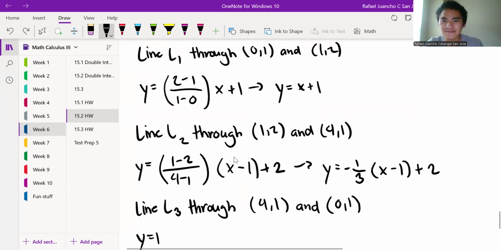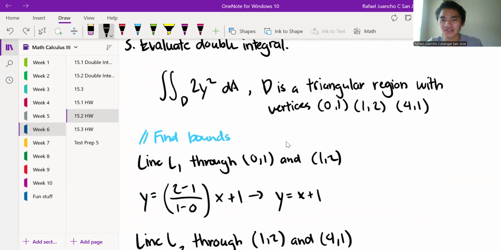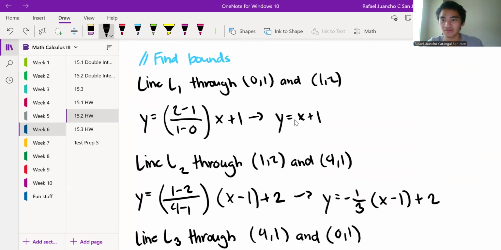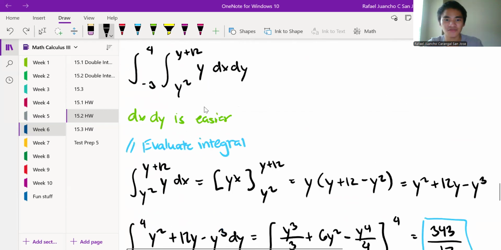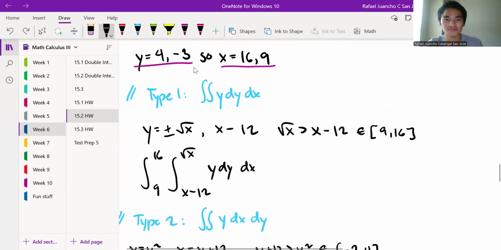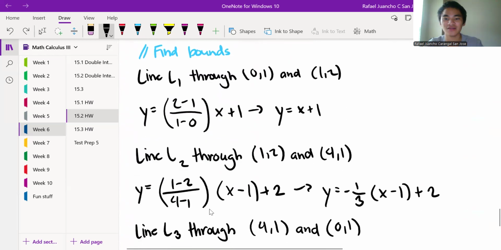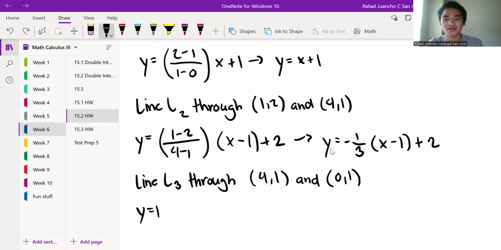If we were to do this dy dx, I'm going to try dy dx. This is fine, because how we did it previously, if we want to do dy dx, we have to set y to something, to some function of x. So here we already kind of did it, right?